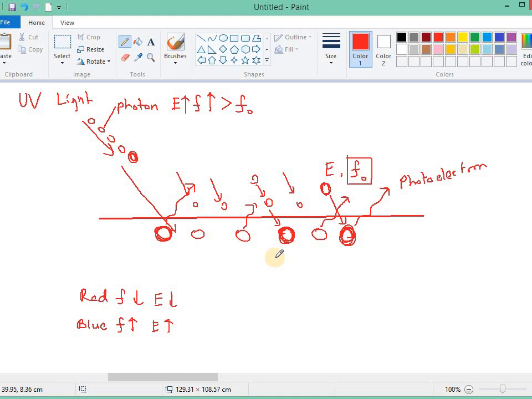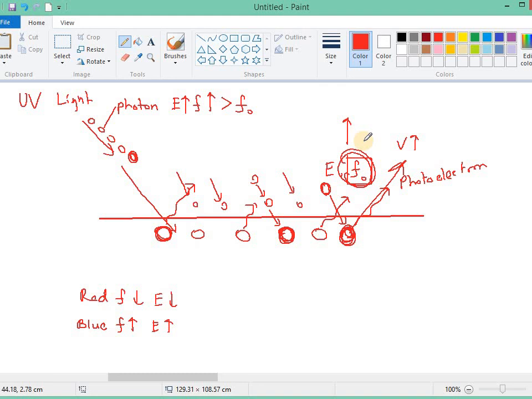So if you want to increase the kinetic energy of the photoelectron, that means you want to make the photoelectron escape faster with higher velocity, then the frequency of the light must be much higher than the threshold frequency.